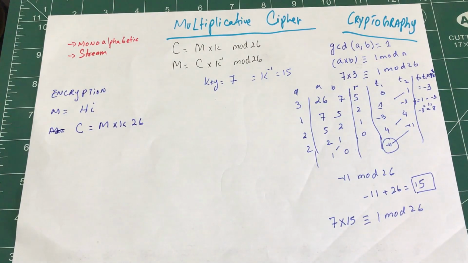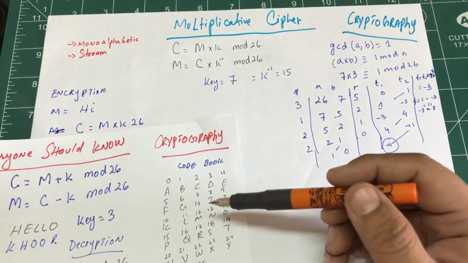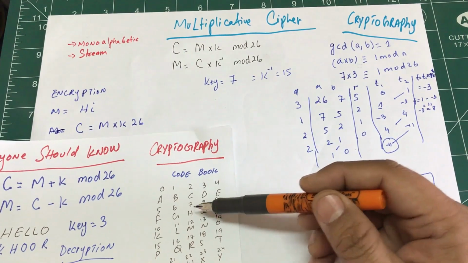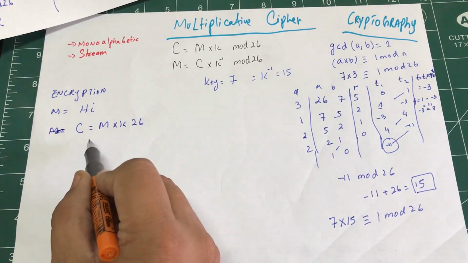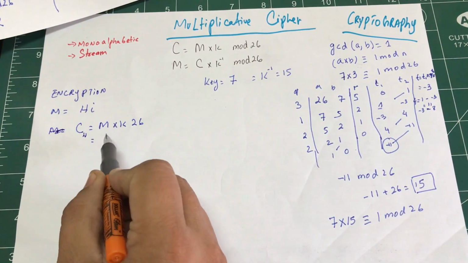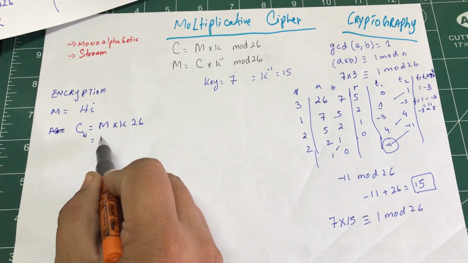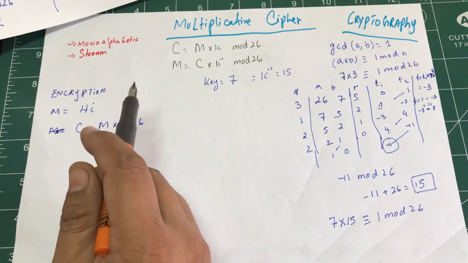I'm going to refer to my code book because I also need the code book here. I know H, according to our code book, is actually 7. So the first message is H.